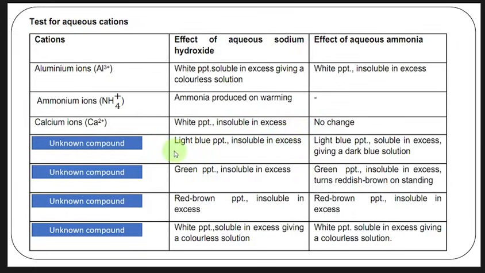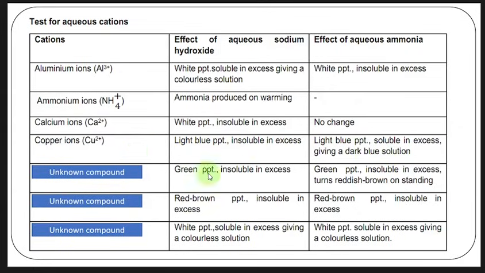And then to the other portion, because you divided this one into two, you add a few drops of aqueous ammonia. Then you see again a light blue precipitate. Again, you add excess aqueous ammonia, and that light blue precipitate is now soluble in excess, giving a dark blue solution. Now you make a proper conclusion, saying that the compound contains copper ions.